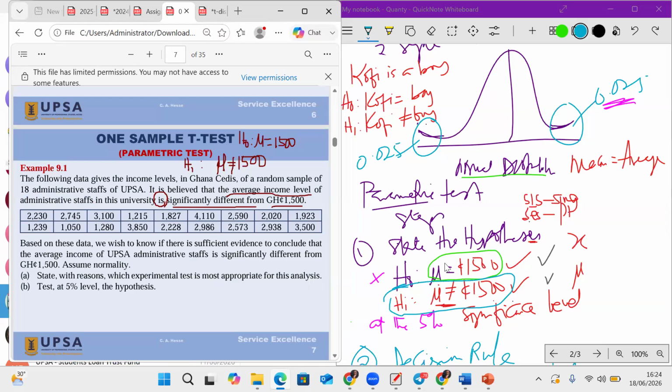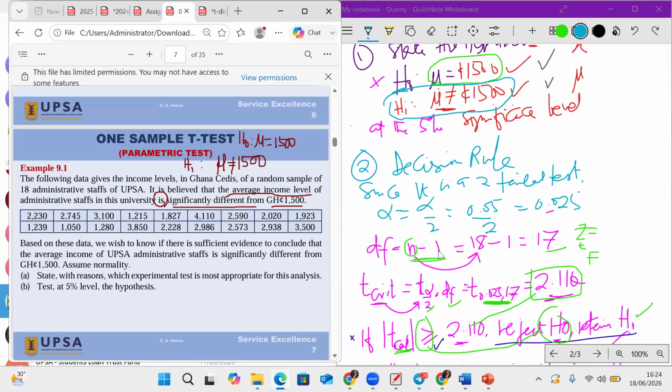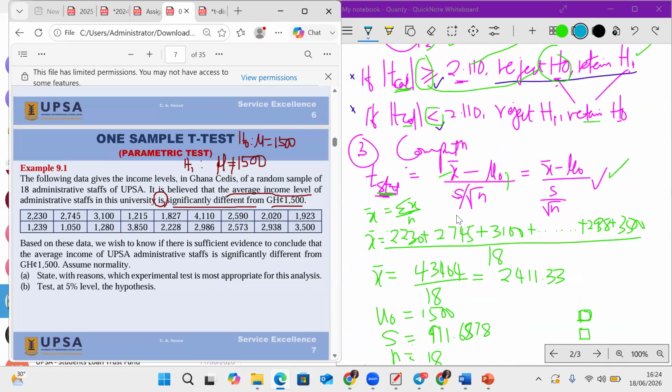So when we finished solving, we tested it. Here, they didn't give us the X bar and the N, so we have to do it ourselves. When it came to the computation, look at the way we solved for the X bar. We added from 2,230 to 3,500, everything here, and divided by the 18 administrative staff.